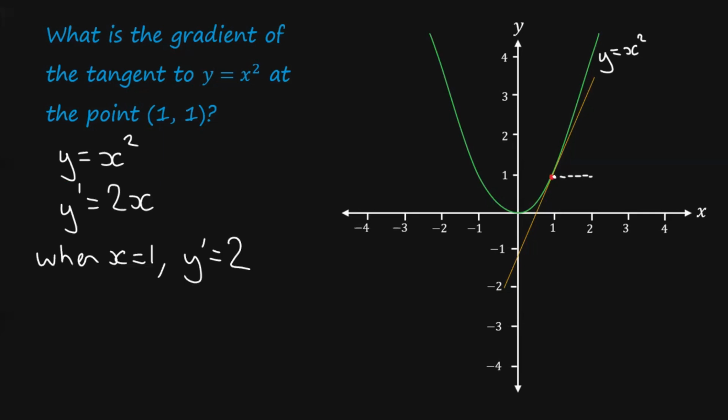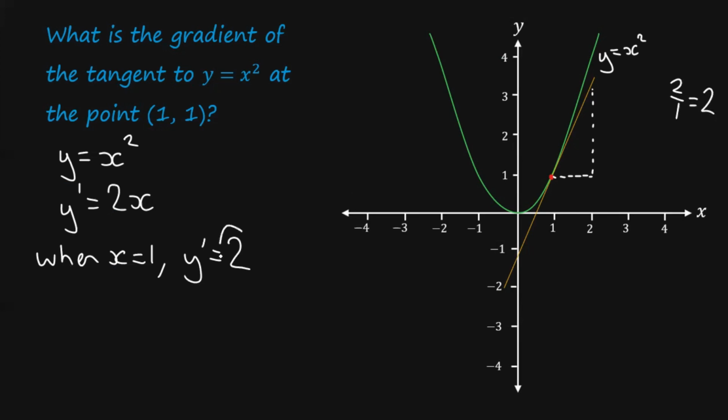And then if we go up, that's the rise, and we've gone up about 2 there. You can see it's a little bit off, but you can see what's going on. So if we do that calculation, it's the rise, which is 2, over the run, which is 1, and that's just equal to 2.